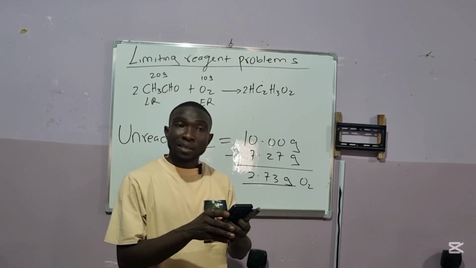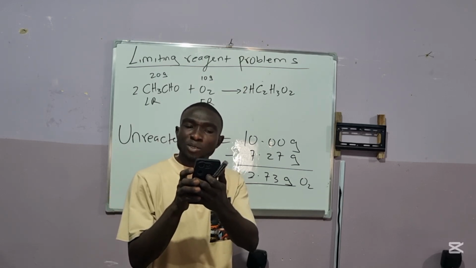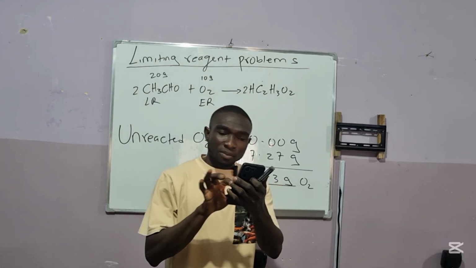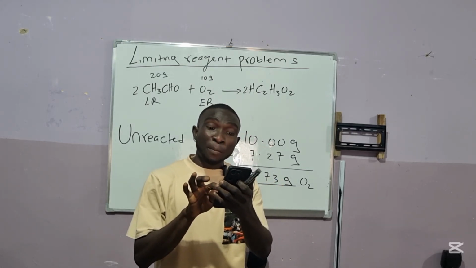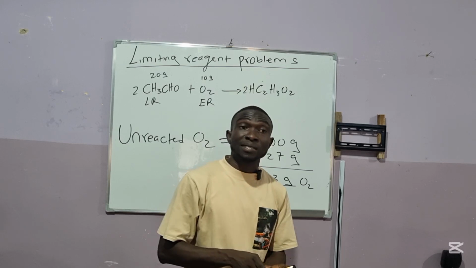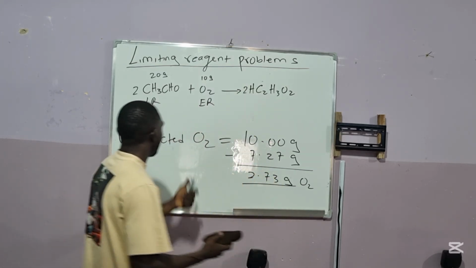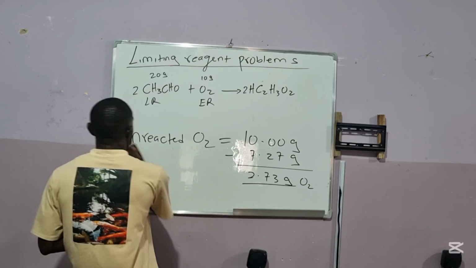Let's now go to the G part. The G part is talking about the experimental yield of acetic acid, and you're told to calculate the percentage yield of acetic acid. So how do you calculate the percentage yield? I can tell you.